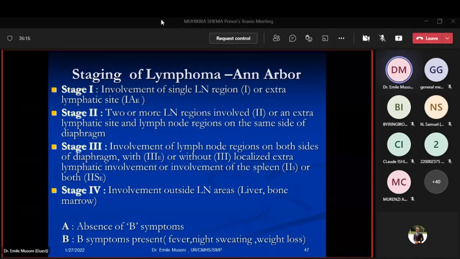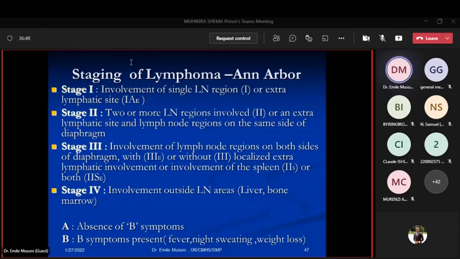Staging of lymphoma, this one is the clinical staging, known as Ann Arbor staging. Stage 1 is involvement of a single lymph node region or extralymphatic site. Stage 2 is involvement of two or more lymph node regions, or an extralymphatic site, on the same side of the diaphragm.